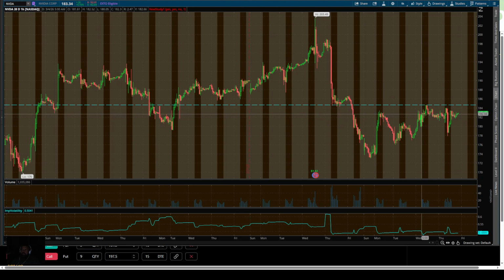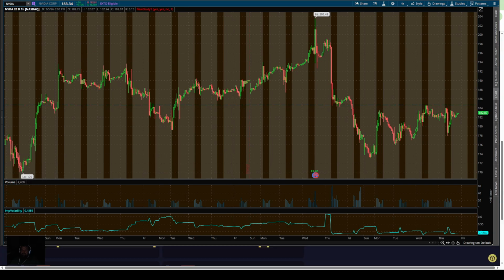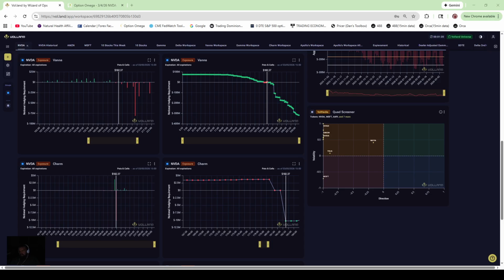Just going to take a look at a position we got on. Let's take a look at the Volant for it. So we want to look at the Vanna here in Volant, and what we're going to see here is a huge negative Vanna strike.